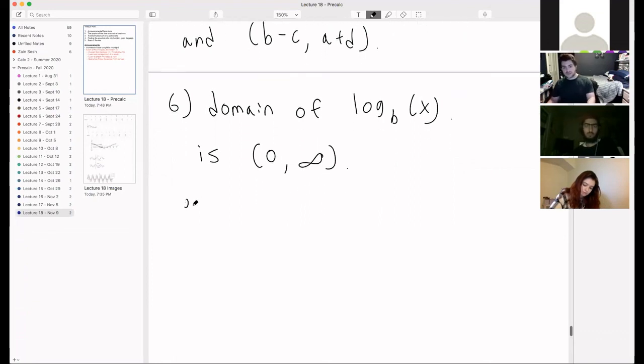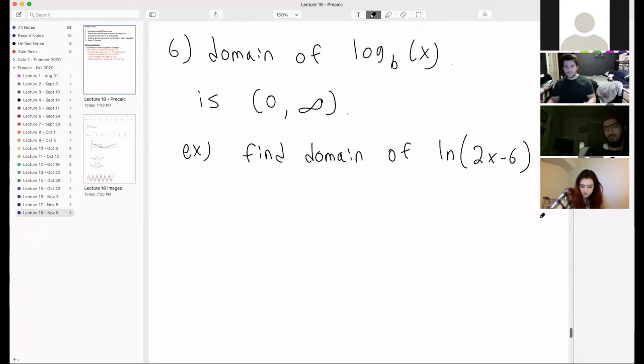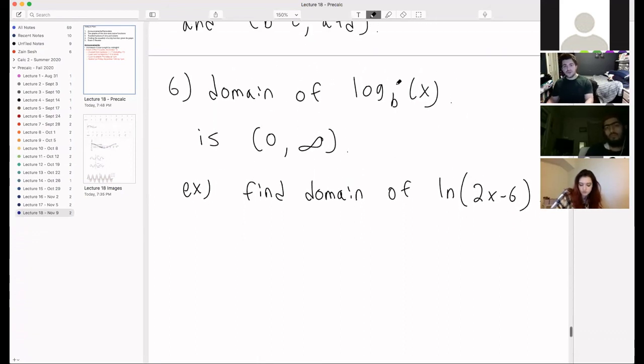All right, so here's a quick example. Find the domain of natural log of 2x minus 6. Remember, you can only substitute x values that make the input greater than 0. So how do we find those x values?